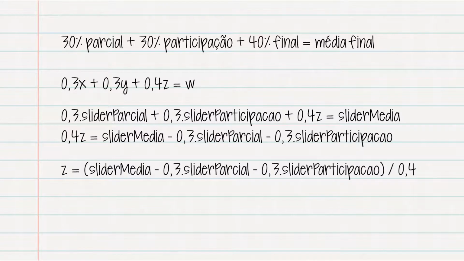Isolating z, I have slider média minus 0.3 slider parcial minus 0.3 slider participação. And all of this I'm going to divide by 0.4.